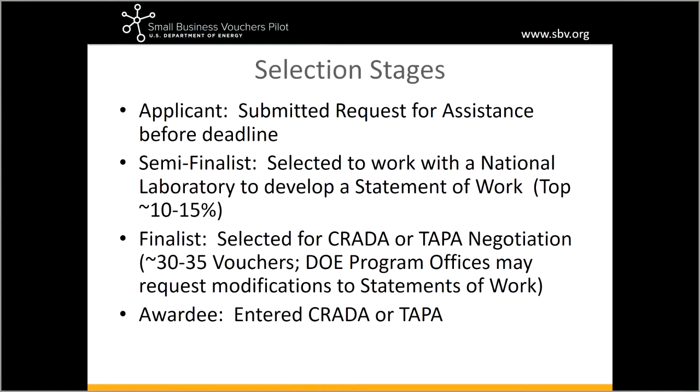Now, there are cases with small business vouchers where the company isn't actually planning to collaborate directly as a part of the R&D, but instead plans to either provide funding or provide equipment or other assets that enable the work. And in that case, a CRADA is not the appropriate vehicle, and instead you would use a Technology Assistance Partnership Agreement. I think that's what that stands for. We call it a TAPA. At least at Oak Ridge, the vast majority of our awardees enter CRADAs.